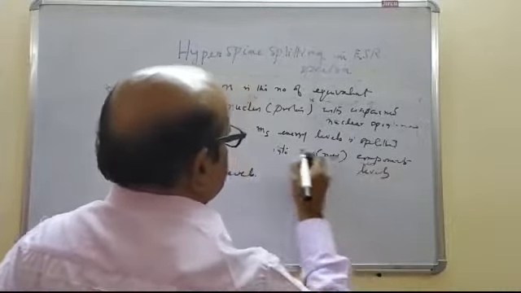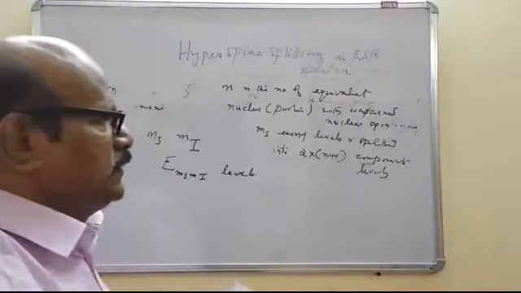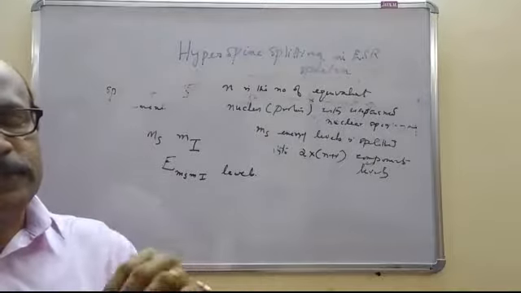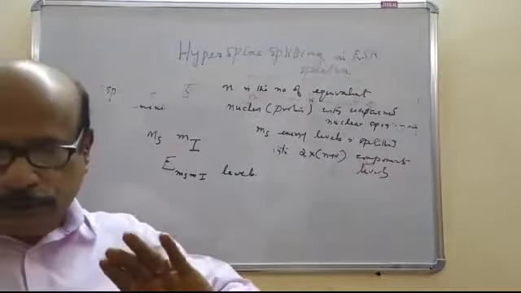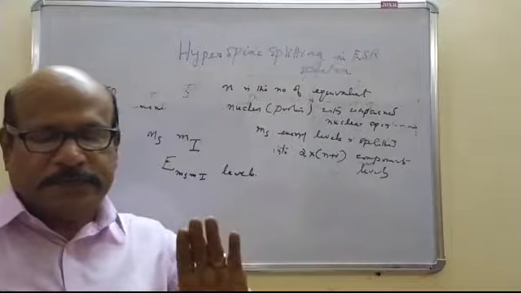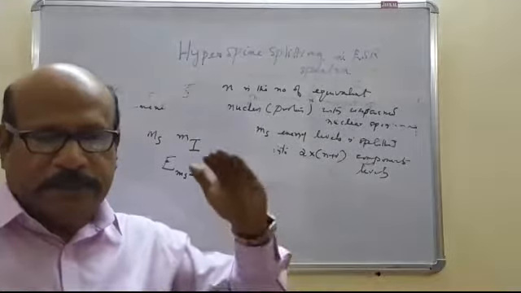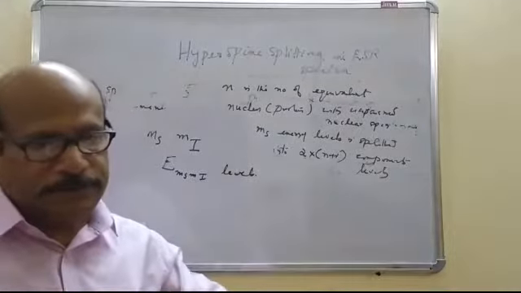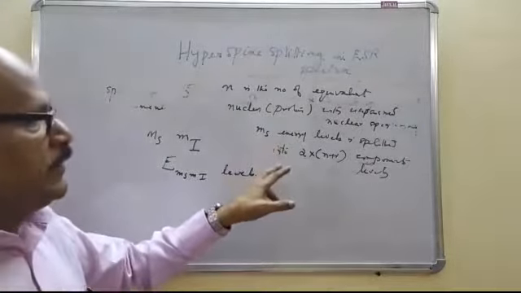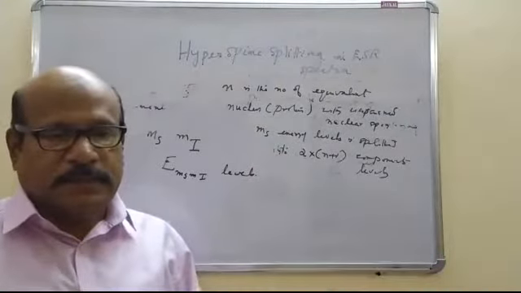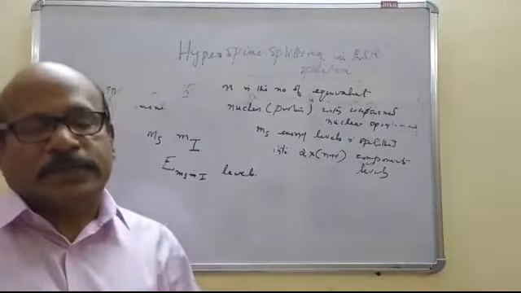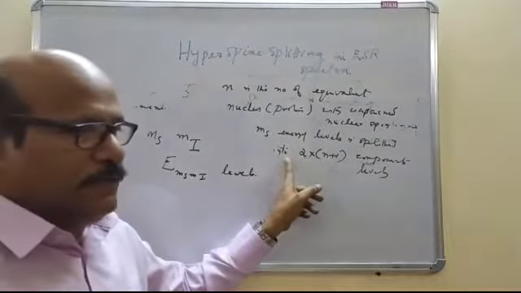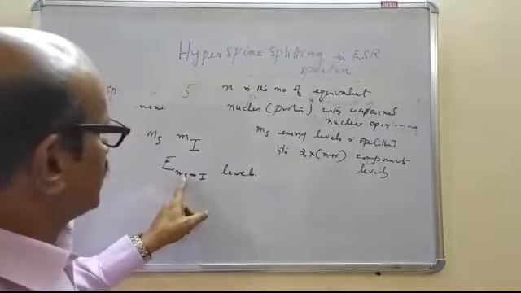For an unpaired electron species, the molecular species contains one unpaired electron, so there are 2 spin levels: M_S equal to minus half, the lower energy level, and M_S equal to plus half, the higher energy level. Each such M_S level interacts with the M_I or I of the nucleus, resulting in the splitting of the energy level into E(M_S, M_I).